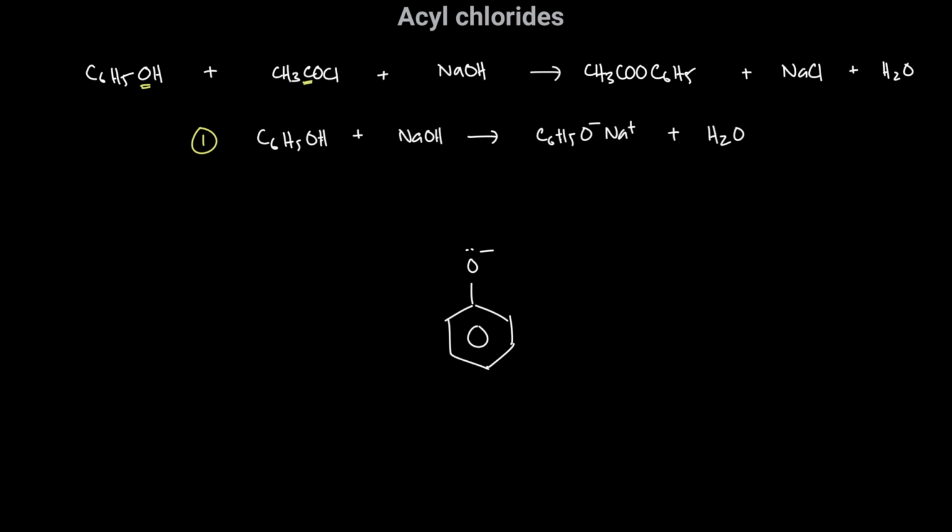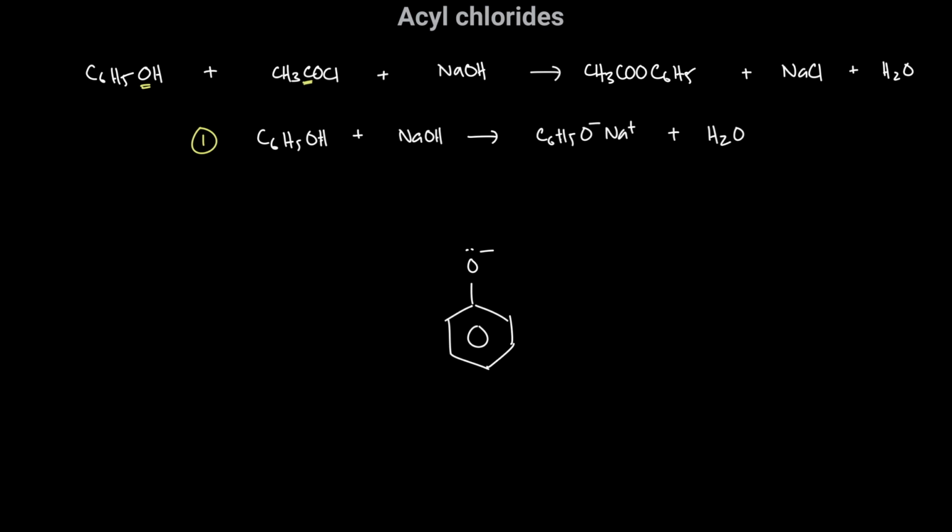Normally in a lab, instead of reacting it directly with acyl chlorides in neutral conditions, we react it in alkaline conditions, because in alkaline conditions we end up making the conjugate base of phenol. This phenoxide ion is much more reactive towards the acyl chloride.